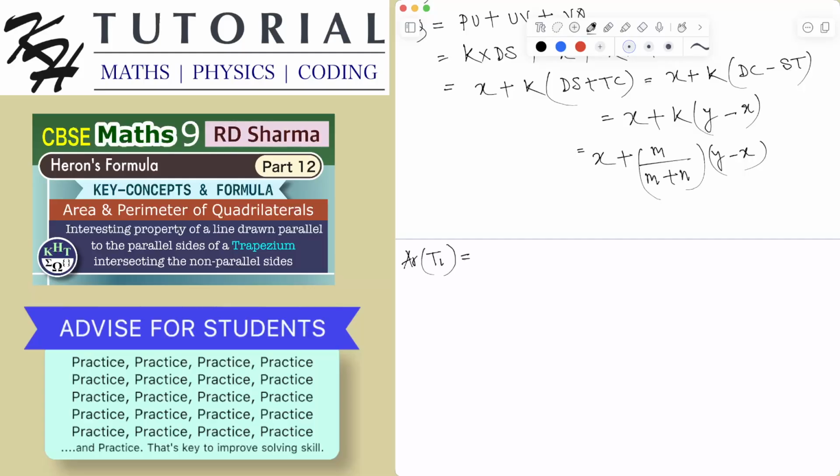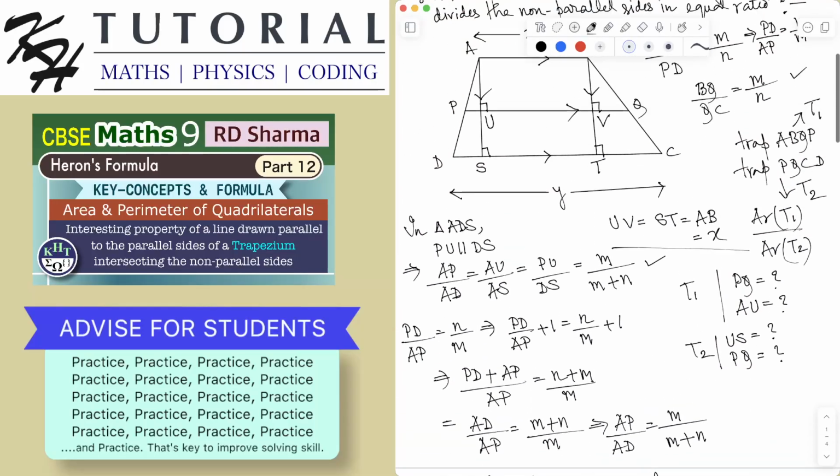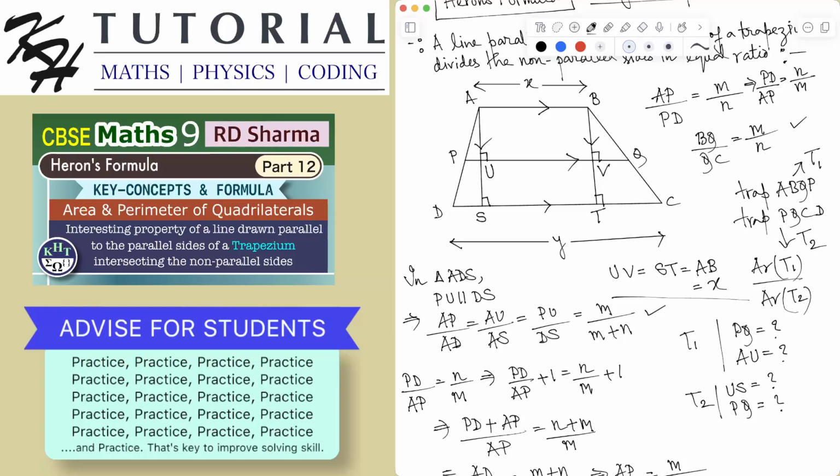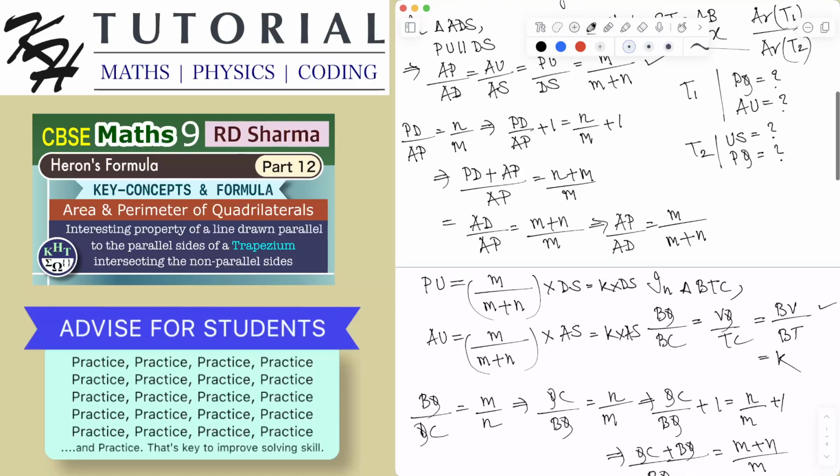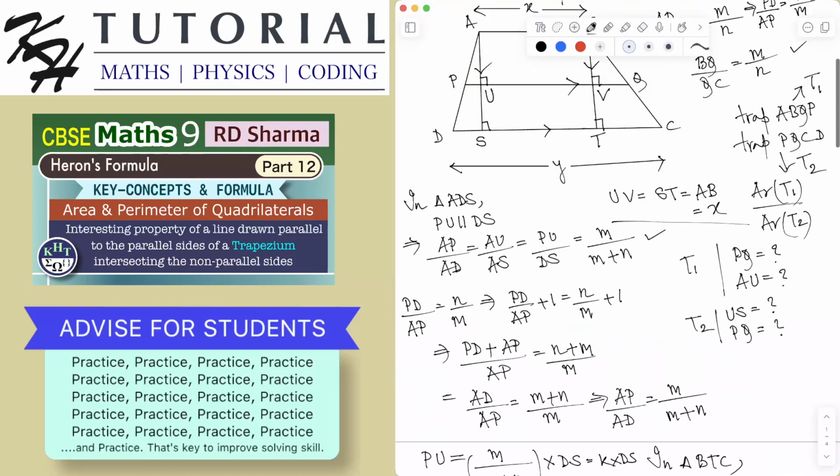We also see that AP by AD is equal to AU by AS. So we know AU is equal to K into AS.